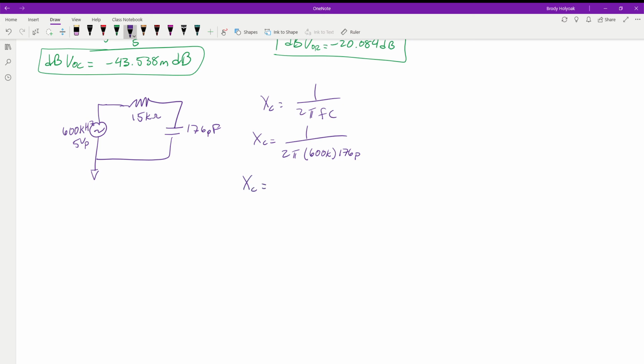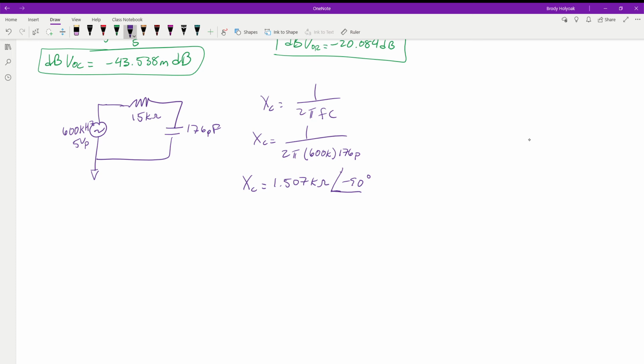The capacitive reactance comes out to be 1.507 kilo ohms at negative 90.